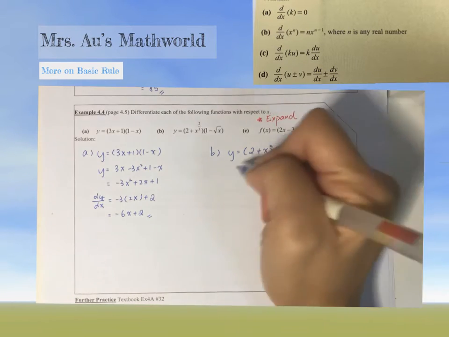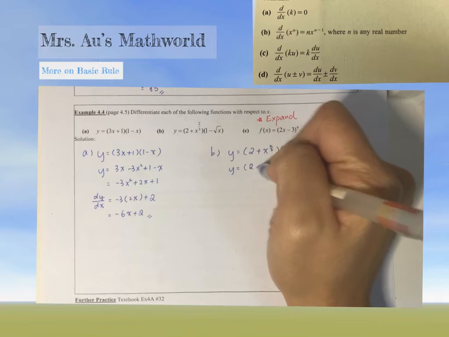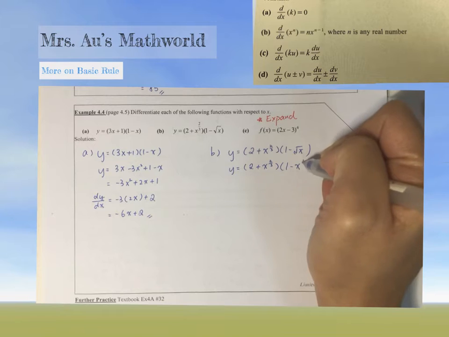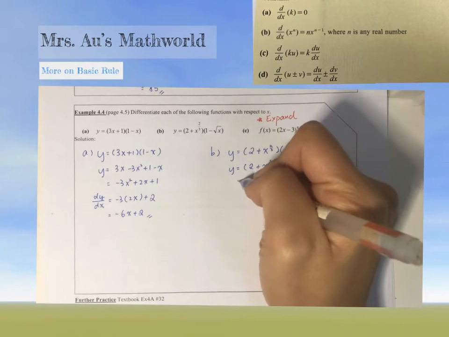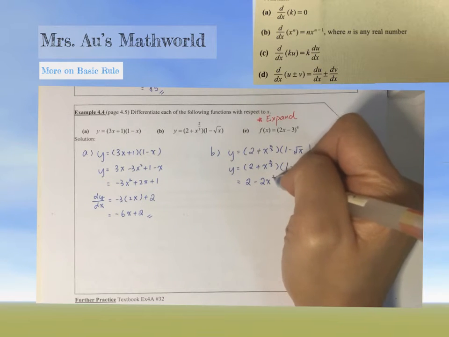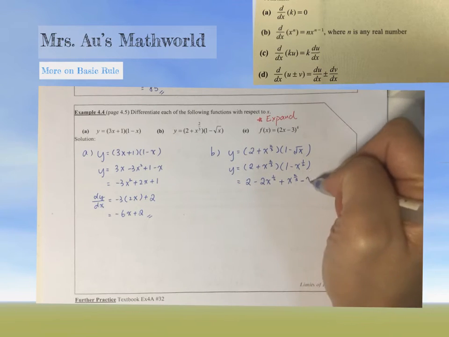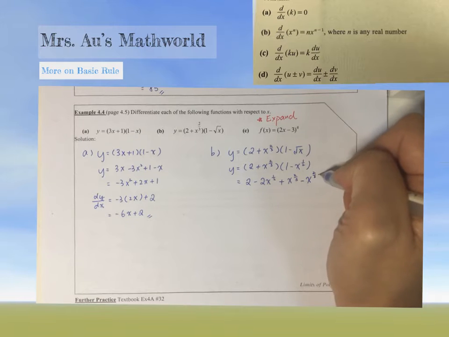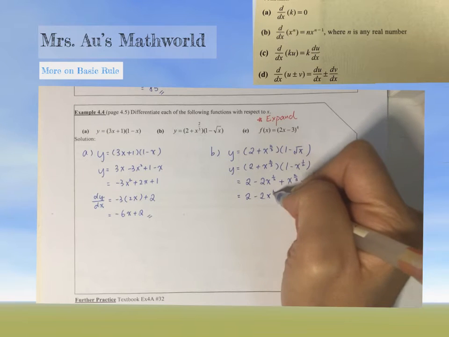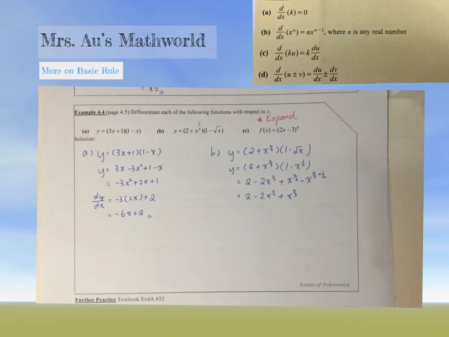And for part B, the rule is similar, but don't forget that we have to handle the radical sign before we expand the function. So why not we expand it and handle the power of x to the power 2 over 3 plus 1 over 2.